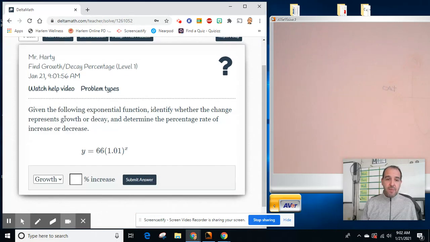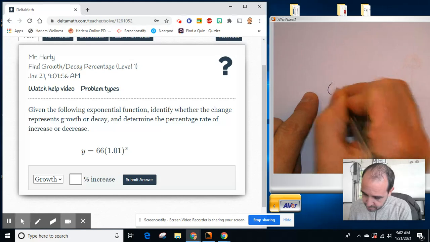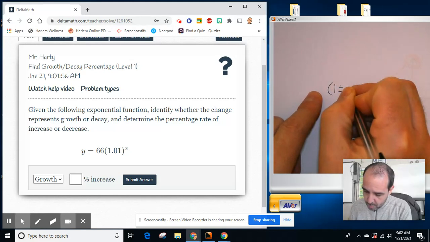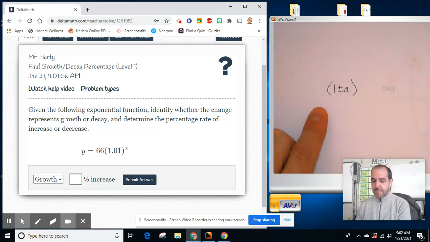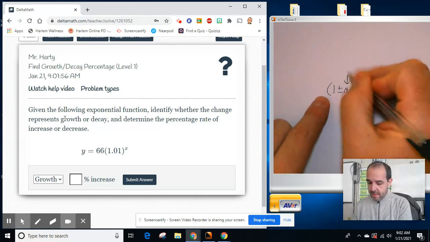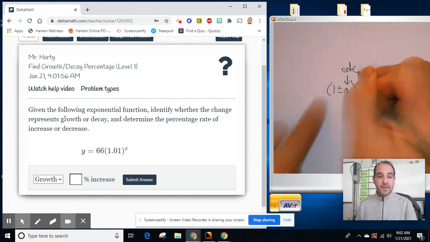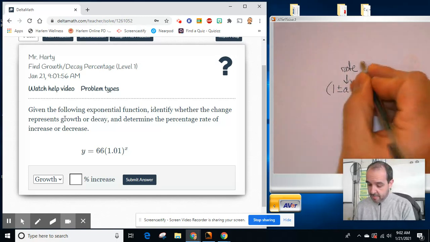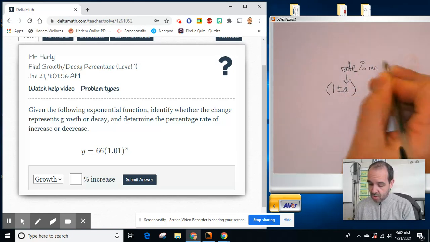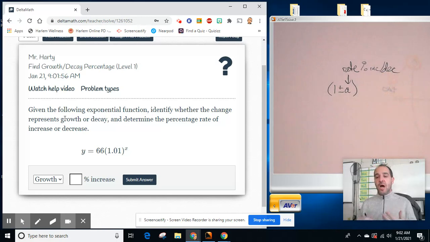So just something to keep in mind. When we're looking at growth or decay, that is going to be my rate or my percentage increase or decrease, all based off of 100% or 1.